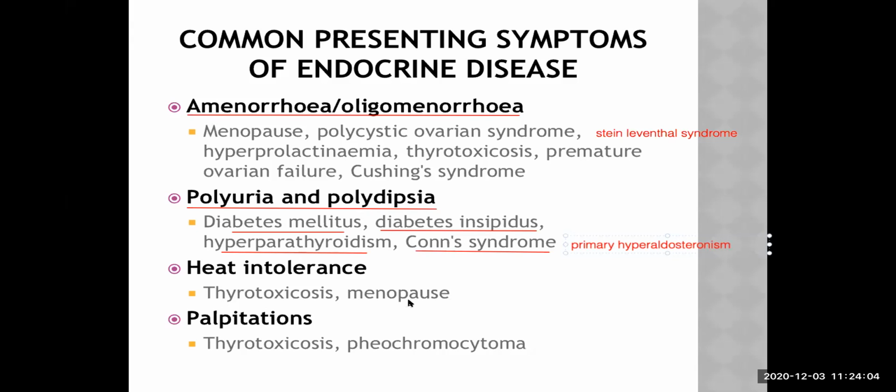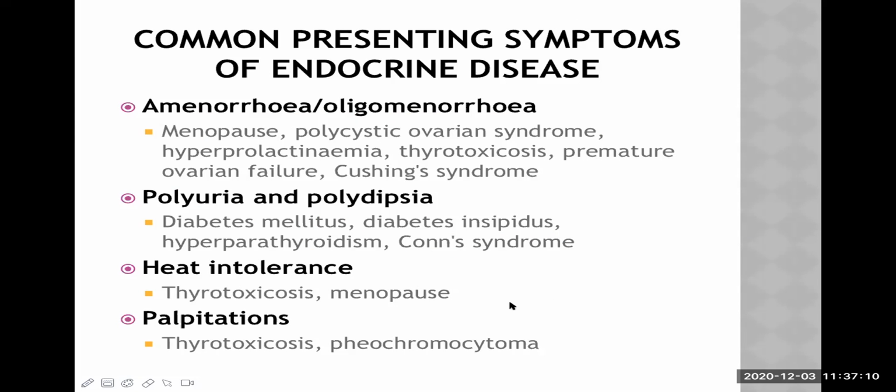Heat intolerance is seen in thyrotoxicosis and menopause. This is known as a perimenopausal symptom, and palpitation occurs in thyrotoxicosis and pheochromocytoma. So heat intolerance means being unable to bear the increased body temperature, either as a result of environmental influence or some other means. The person feels excessively hot in the same environment where other people are not feeling that much heat. That is heat intolerance.